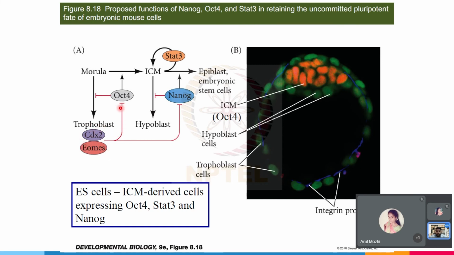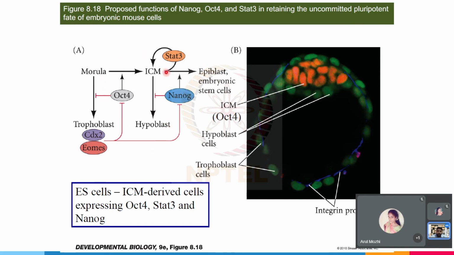CDX2 functions to inhibit the genes OCT4 and NANOG. OCT4 helps in the formation of the ICM, as does STAT3. From the ICM, the formation of the epiblast and embryonic tissues is helped by NANOG, whereas NANOG inhibits the formation of the hypoblast layer. So the ICM, as we have just seen in the flowchart, gives rise to either epiblast or hypoblast, depending on the presence of NANOG.